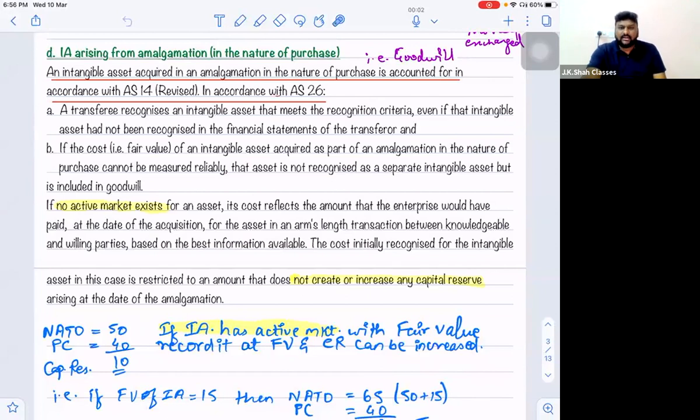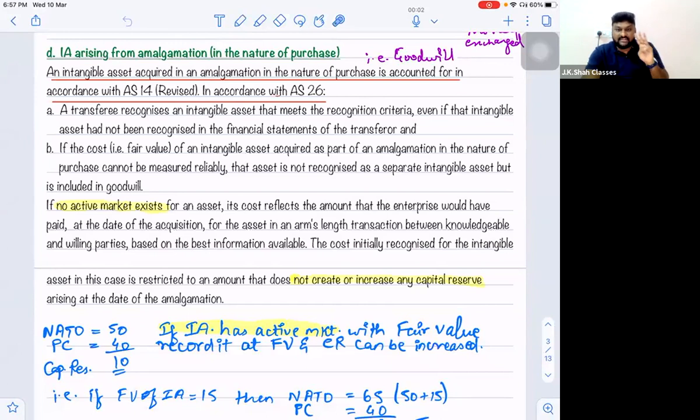I know there are 5 points to state whether it's a merger method or not. And if those 5 points are not covered, then it becomes purchase method. There are conditions that the purchase consideration should be paid only in the form of shares. Cash cannot be paid. All the assets and liabilities will be taken up.